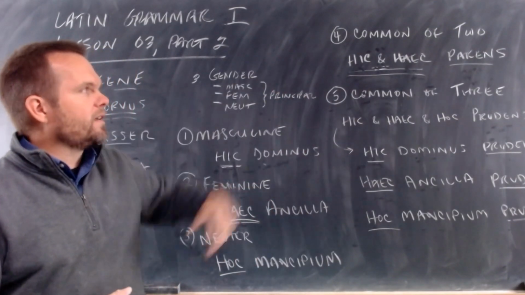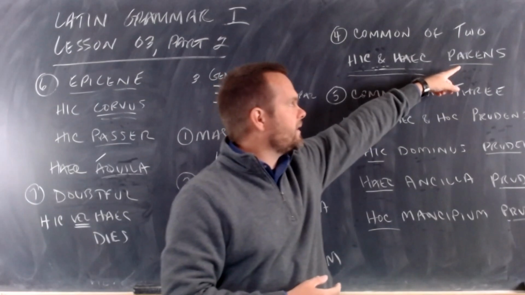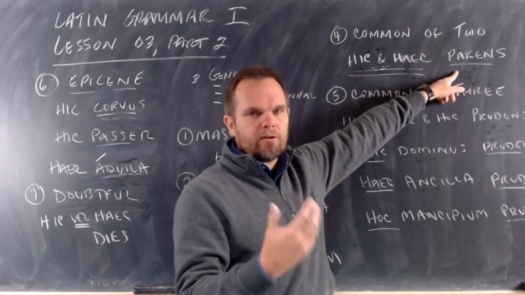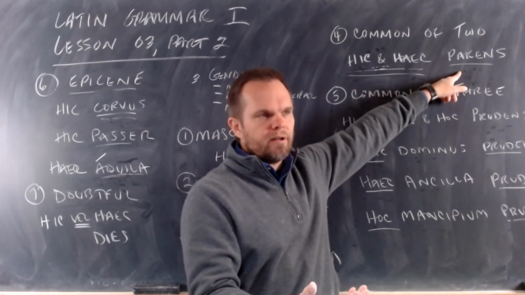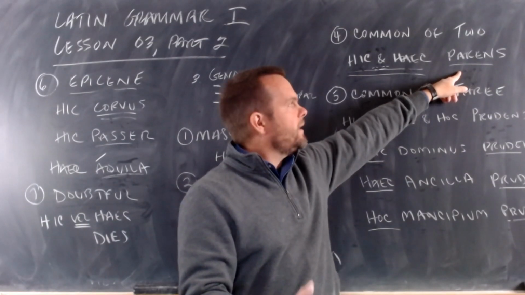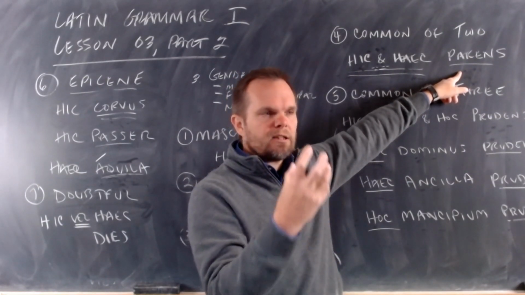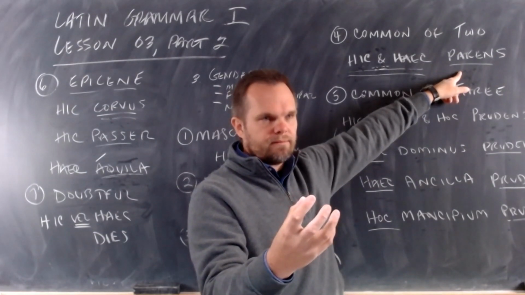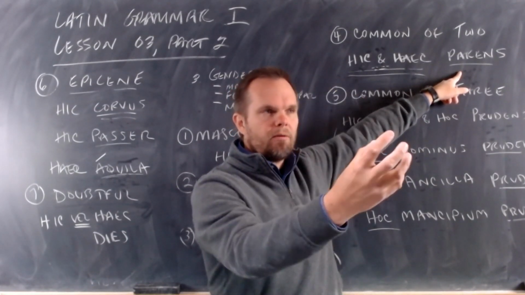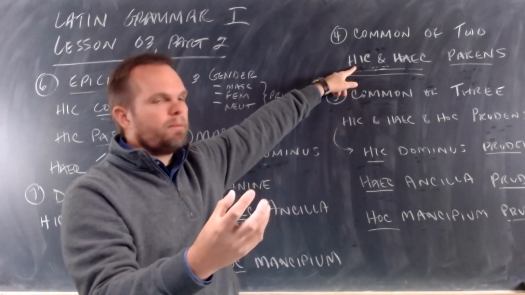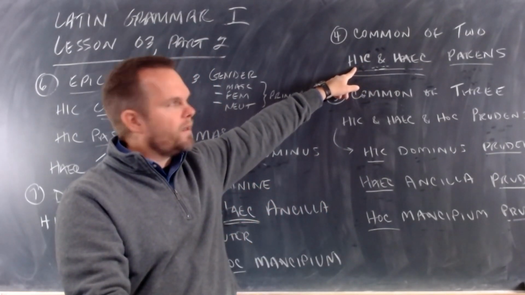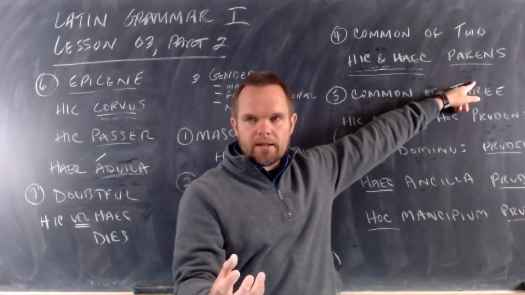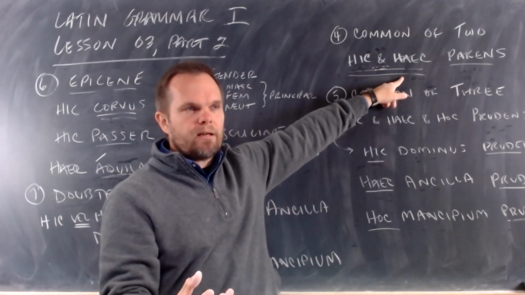The first is common of 2, where we have a noun, a pronoun or a participle, a word that has a meaning that has both a male and a female meaning. When it has a male meaning, it's preceded by the pronoun hic. When it has a female meaning, it's preceded by the pronoun haec.